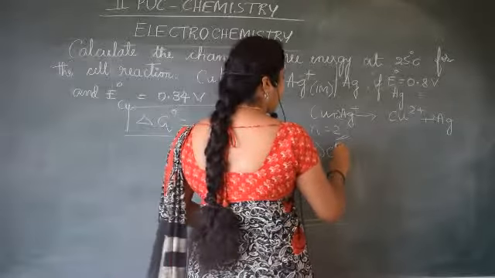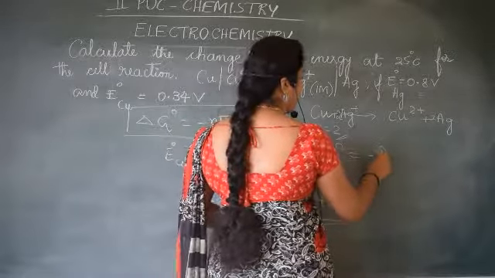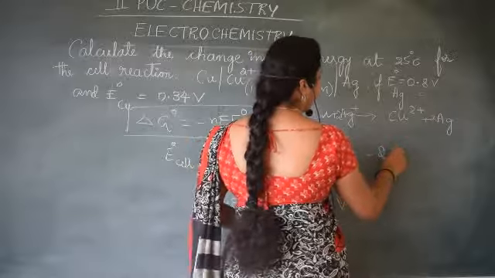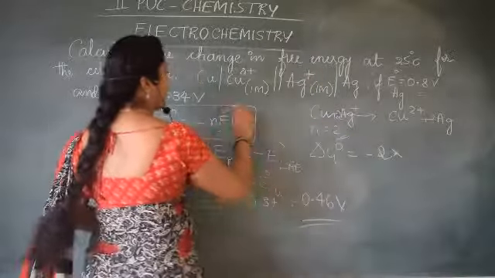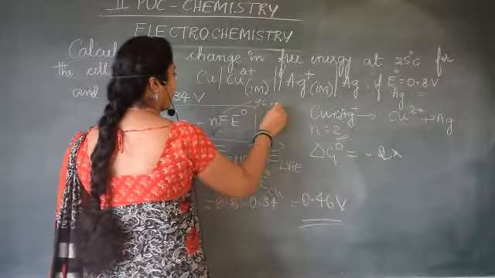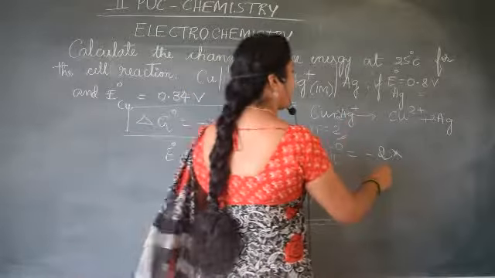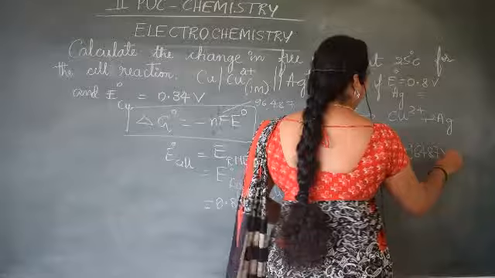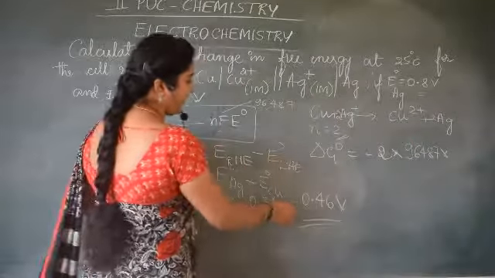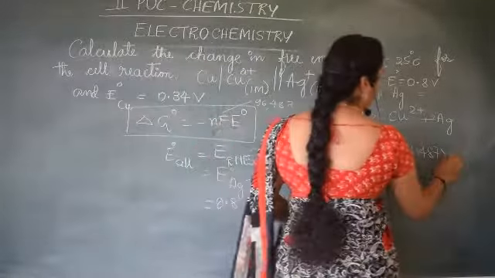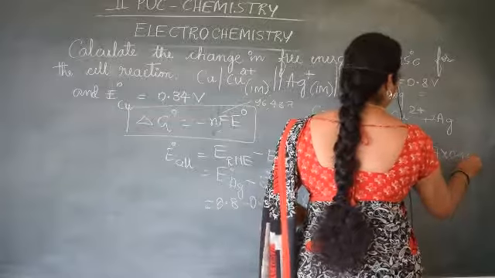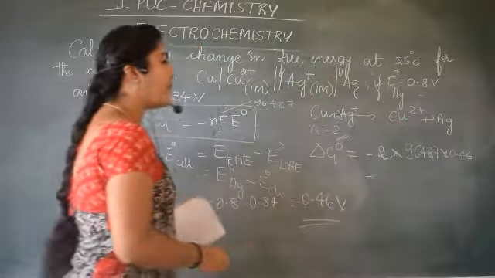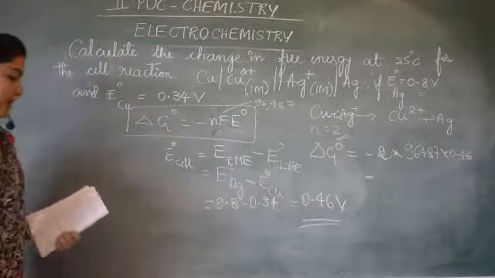So we substitute in this formula. Delta G naught is equal to minus, in place of n it becomes 2, into Faraday's constant, which is 96,487 coulomb per mole, into the electrode potential value, that is 0.46. Calculate and write the value for delta G naught.